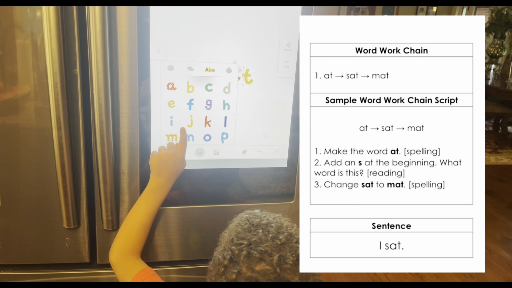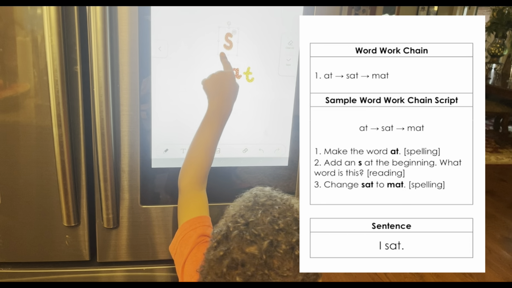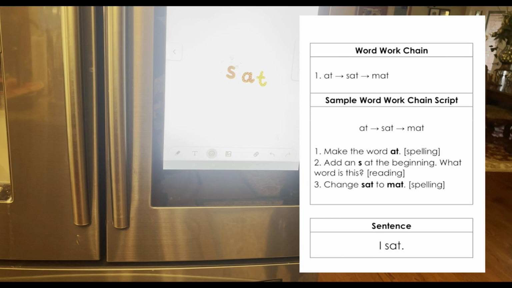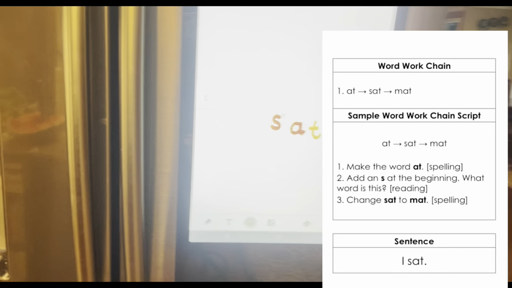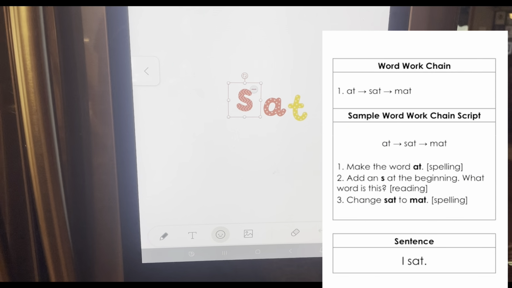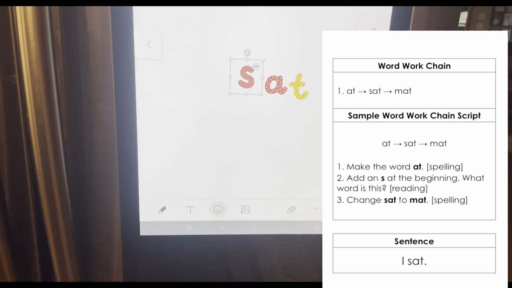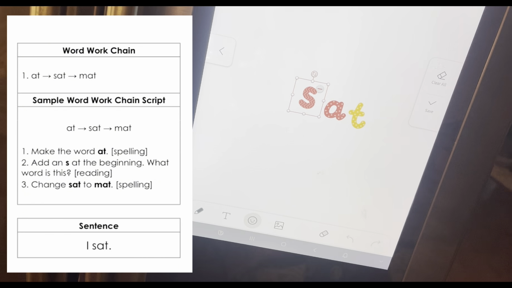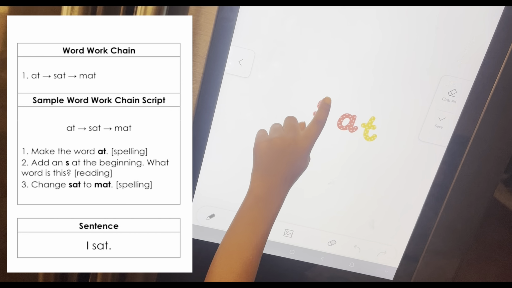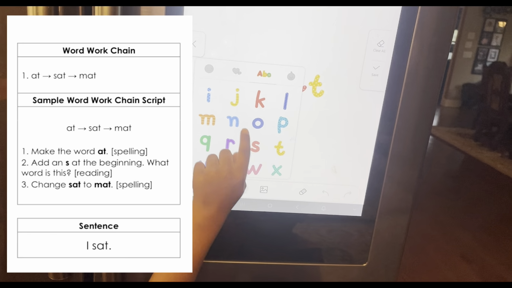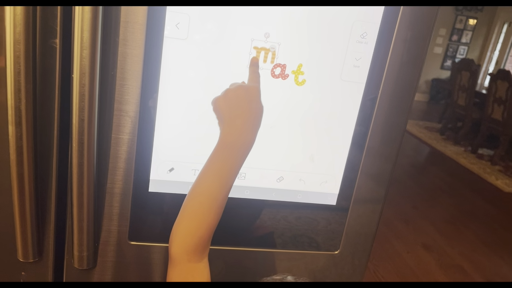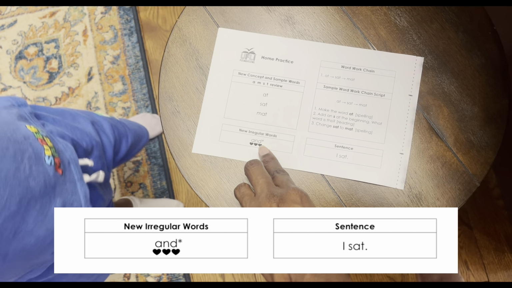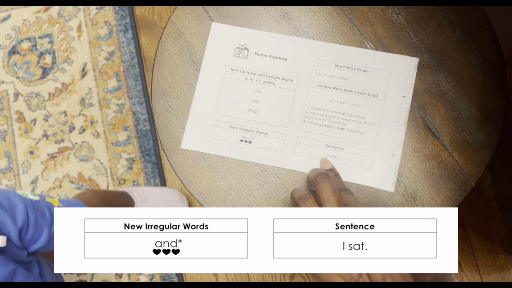S at the beginning. What does that spell? What does that spell, Jace? Sat. All right, now look at me. Can you change sat to mat? Change sat to mat. What is this word? What does this say?